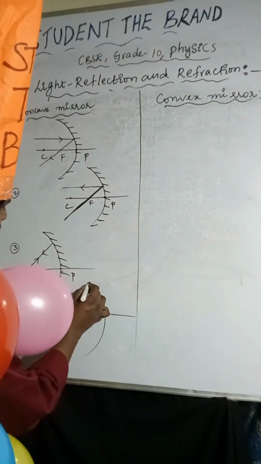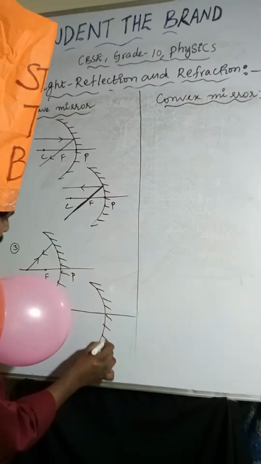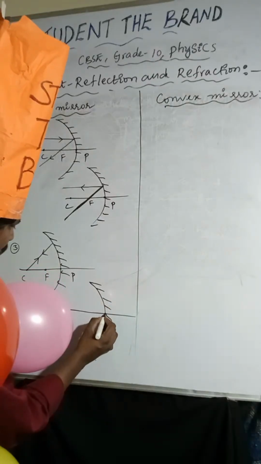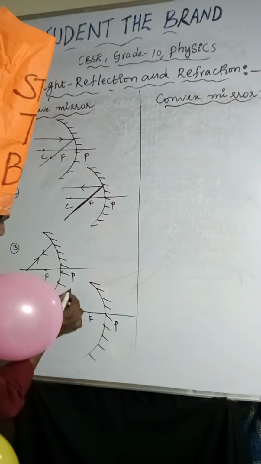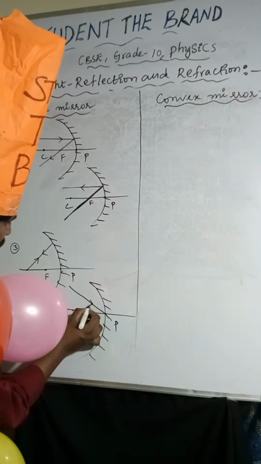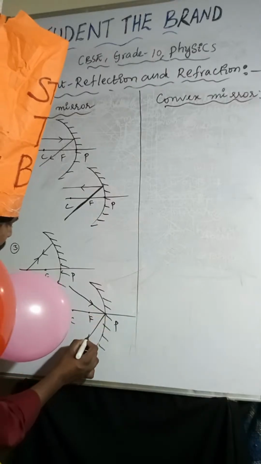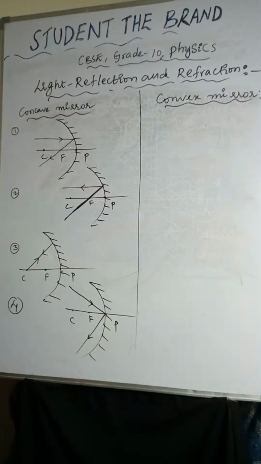Fourth: a light ray incident at the pole reflects back. These are the concave mirror ray rules.